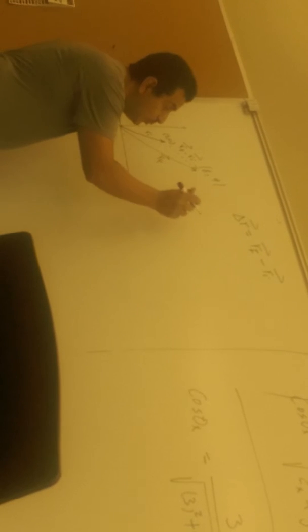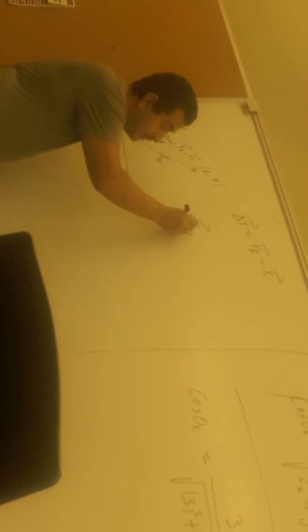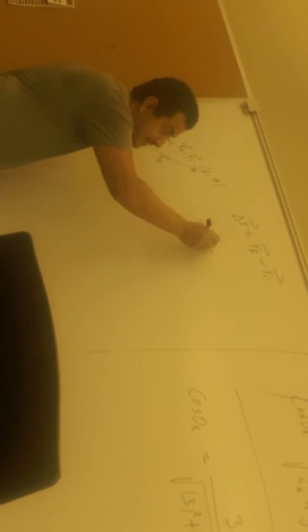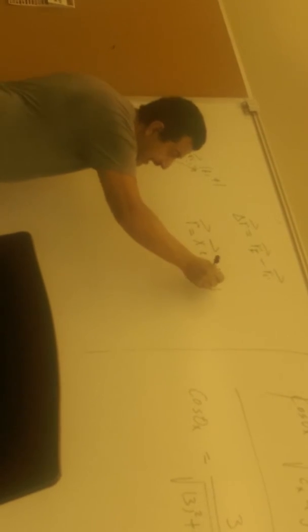Did my y value change? Yes. So I moved in both x and y direction. There's nothing new. I'm just going to call it r. And since everybody is looking so scared about it, we are going to say we don't like r. We're going to write r as x i hat plus y j hat. And now everybody's happy. We know how to deal with x and y. Cool?